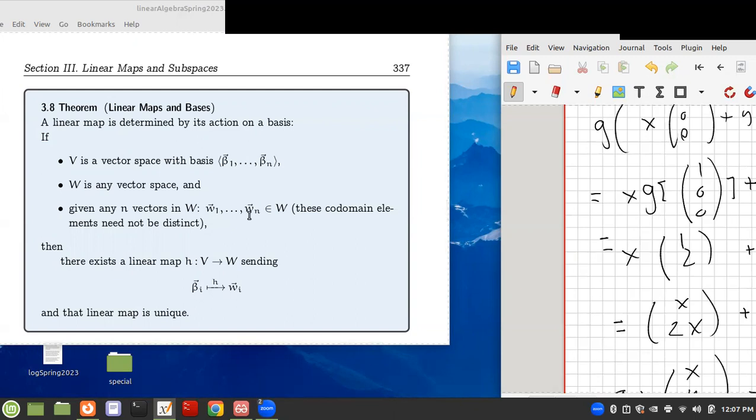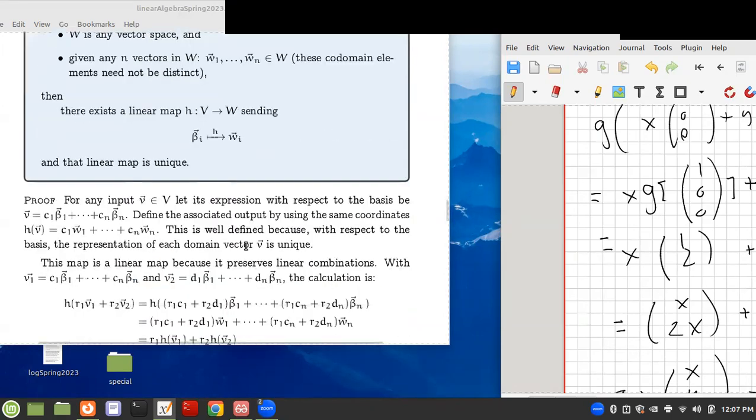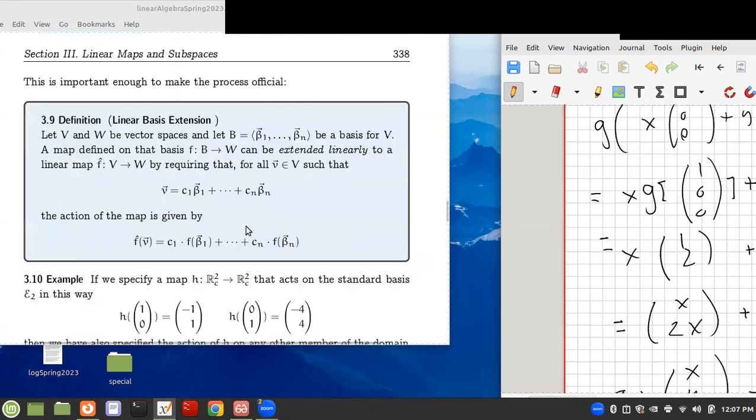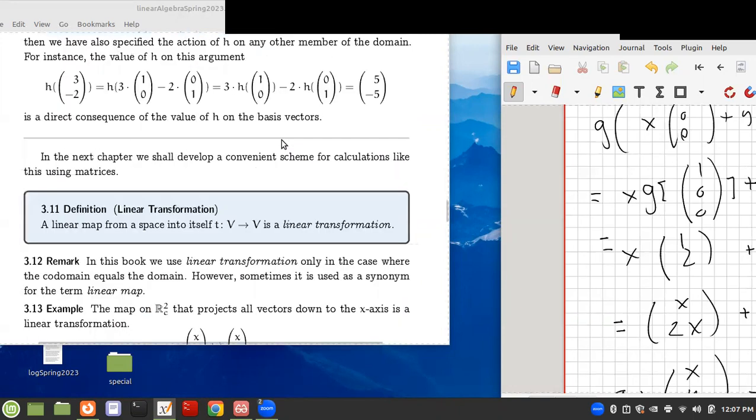If I have a 5-dimensional vector space here, I just have to choose 5 vectors in any vector space, and I've got a linear map. So that's the power of looking at this. This is the theorem that tells you why this always works.